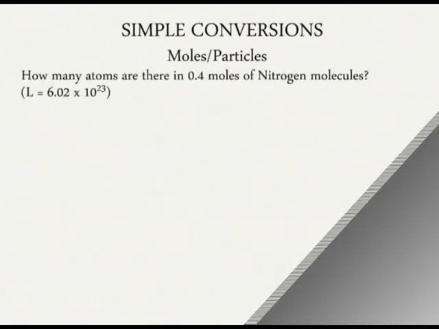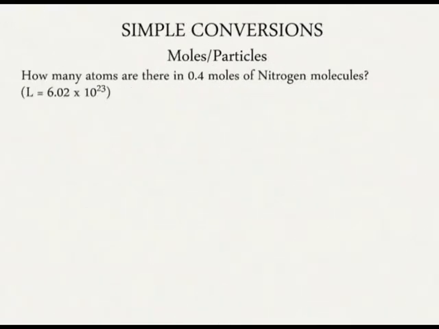Example 2. How many atoms are there in 0.4 moles of nitrogen molecules? Again, the Avogadro's number is 6.02 times 10 to the power 23 particles per mole. 1 mole of nitrogen will contain 6.02 times 10 to the power 23 molecules.